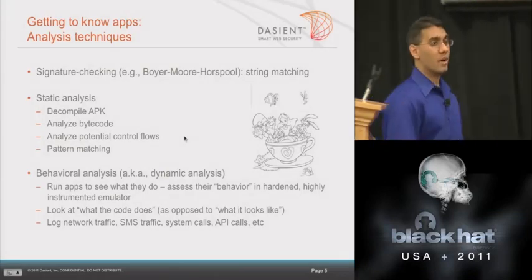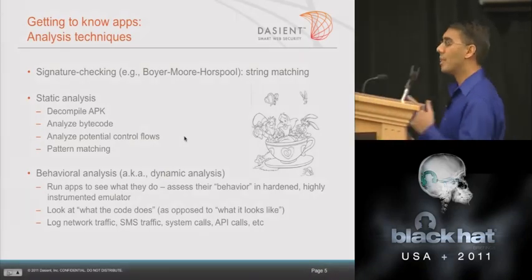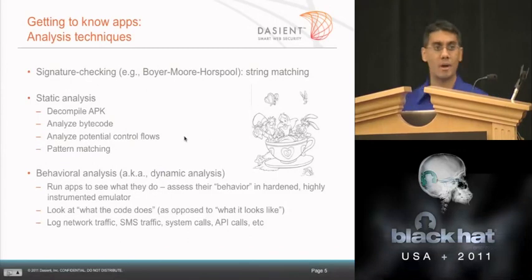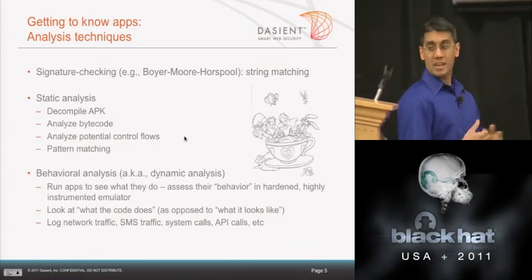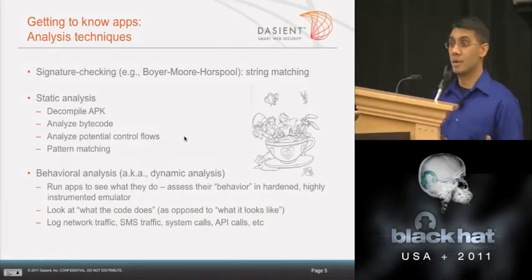Look at things in the code, look at the permissions the application requests, and come up with interesting data about what an application might do to figure out its characteristics.